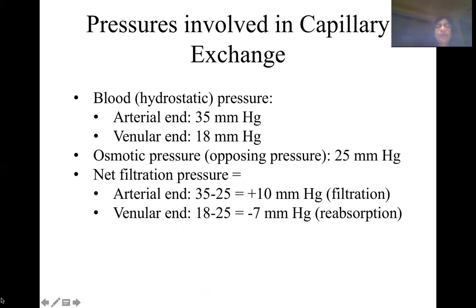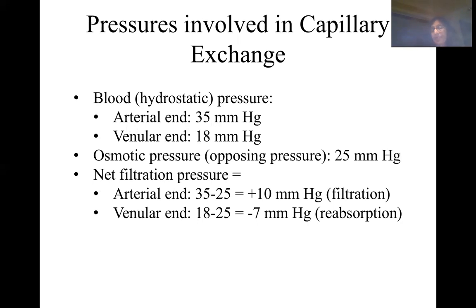Well, the most familiar one at this point is the blood pressure. The blood pressure in the capillary ranges from about 35 millimeter mercury to 18 millimeter mercury. At the arterial end, it would be a greater blood pressure compared to the venular end. All right, so this is a typical range.